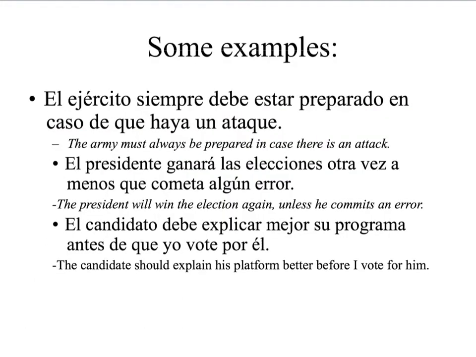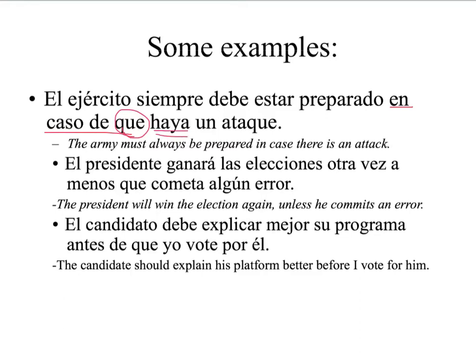Some examples of using the subjunctive with adverbial clauses. El ejército siempre debe estar preparado en caso de que haya un ataque. Notice we have our en caso de que. Que is our thing that needs the subjunctive. Haya is the verb that comes in the subjunctive.